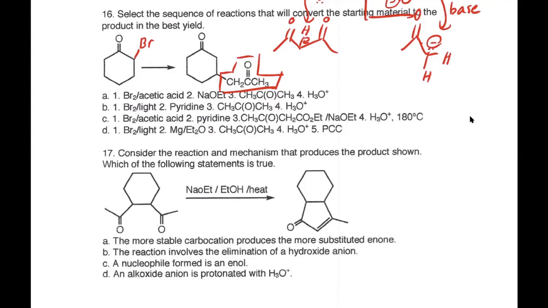Now the next step, what I see is this sodium ethoxide, and that looks useful. Let's see what else there is. Sodium ethoxide. And then we would have a ketone after that. And then we would have H3O plus.